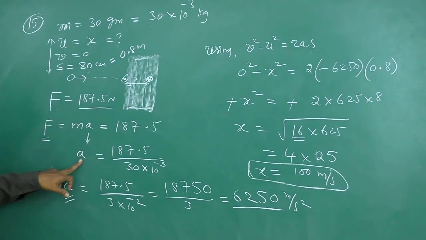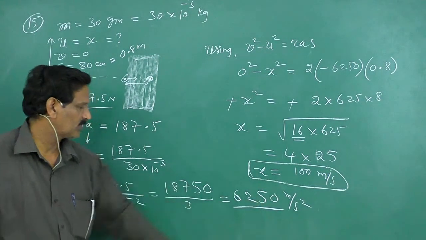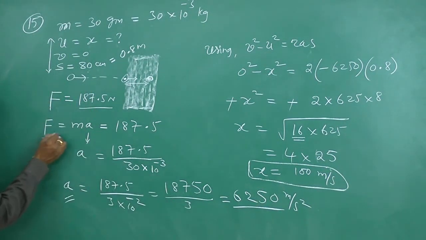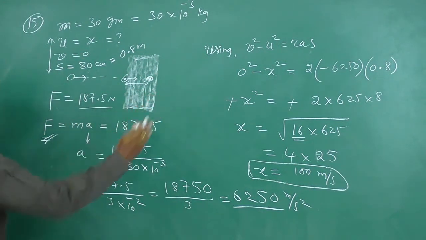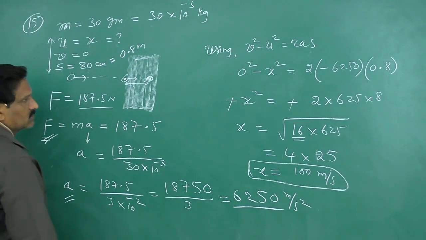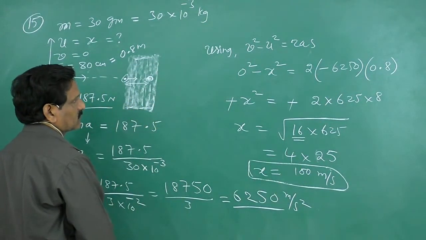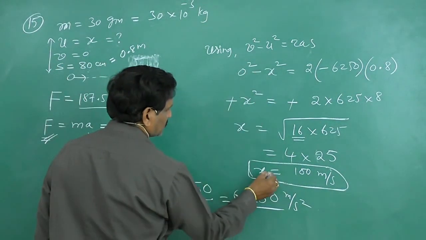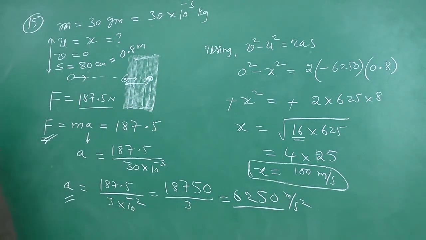From this we can calculate acceleration. A is equal to 6250 meter per second square. Because this is the retarding force which opposes the motion of the bullet, we get retardation, negative acceleration. So here A should be taken as negative. Then substituting in this formula, you get x, the initial velocity, as 100 meter per second.